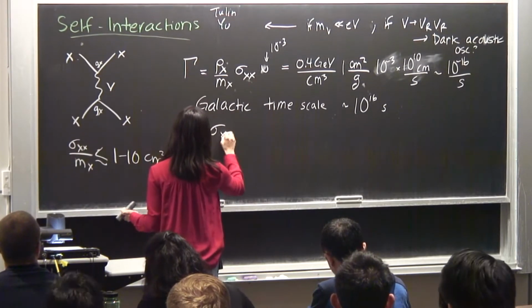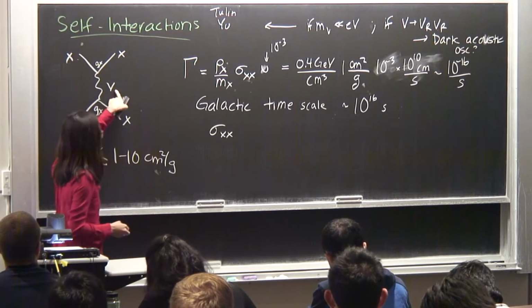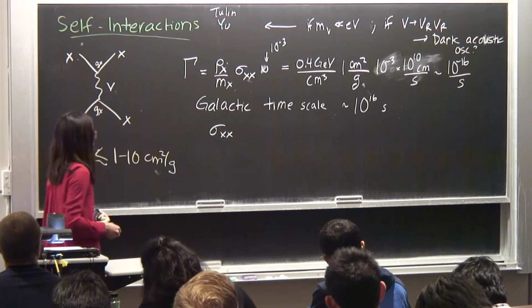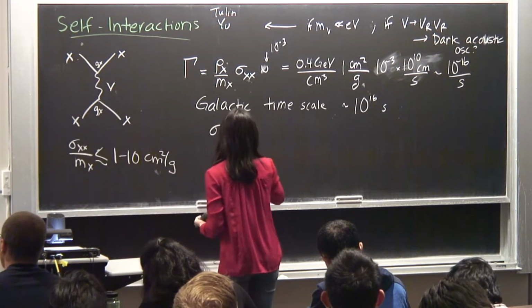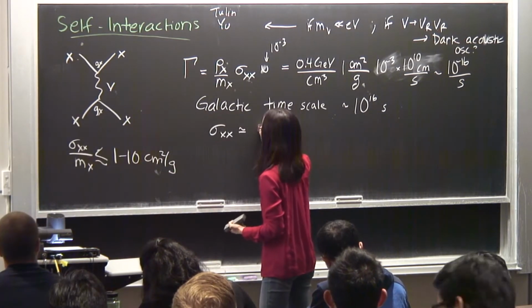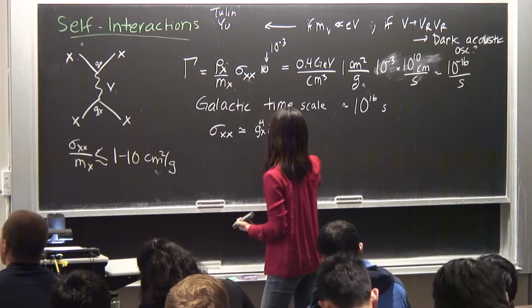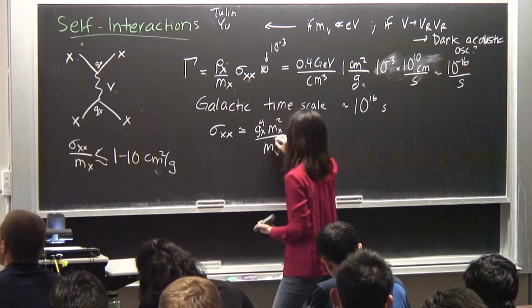I can write this cross-section, say the mass of this mediator is similar to the mass of the dark matter. So in the non-relativistic limit, it's going to be something like this.